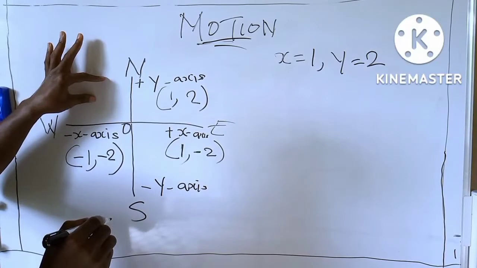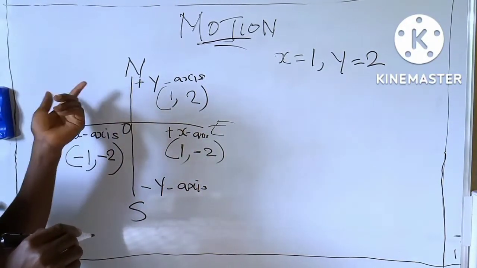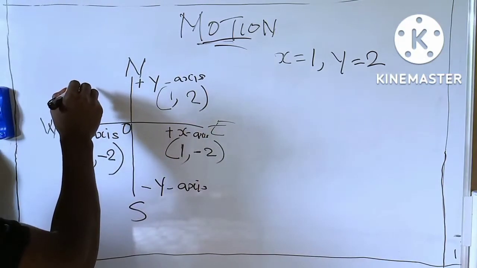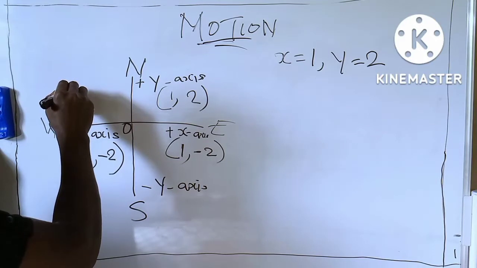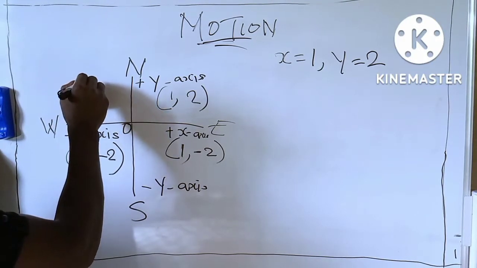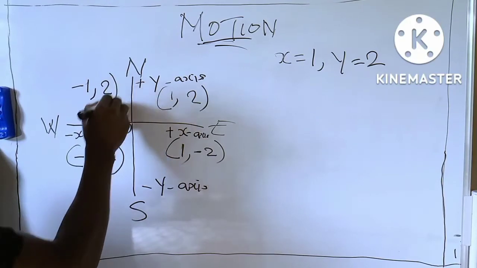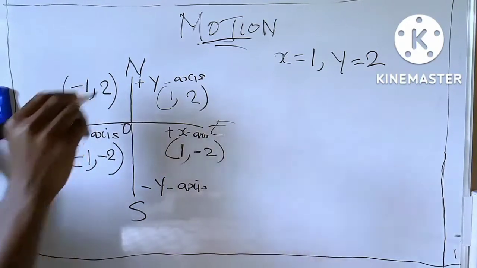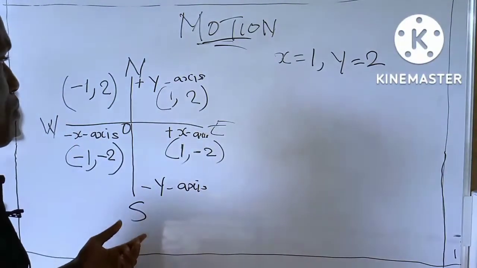This upside, we have positive y and negative x, so we have negative 1 and positive 2. These are the four cardinal points or the four coordinate points.